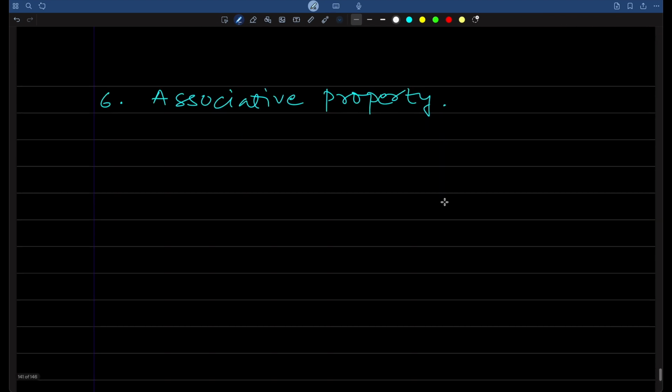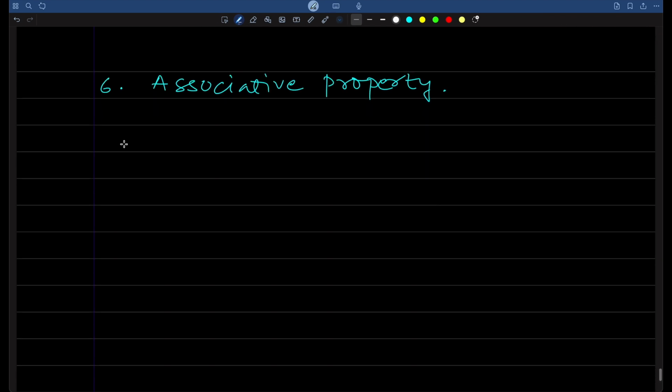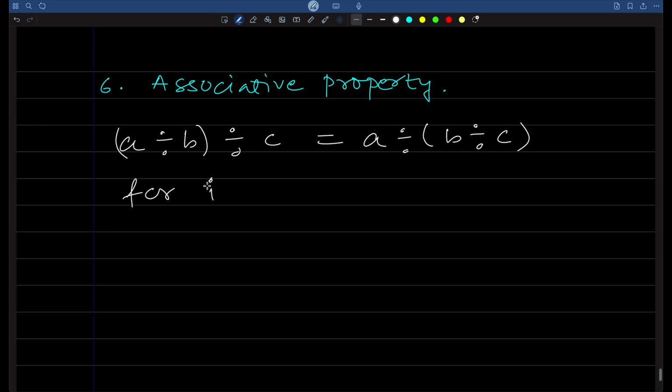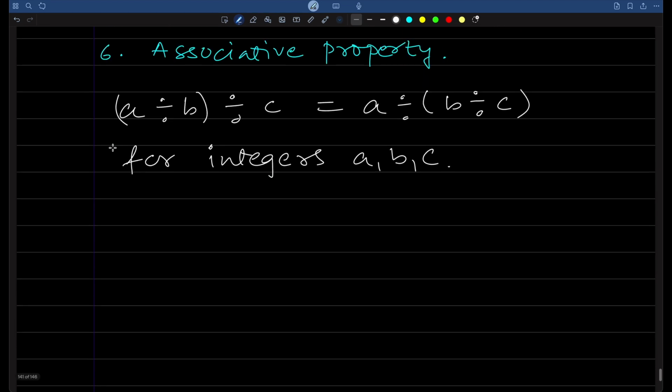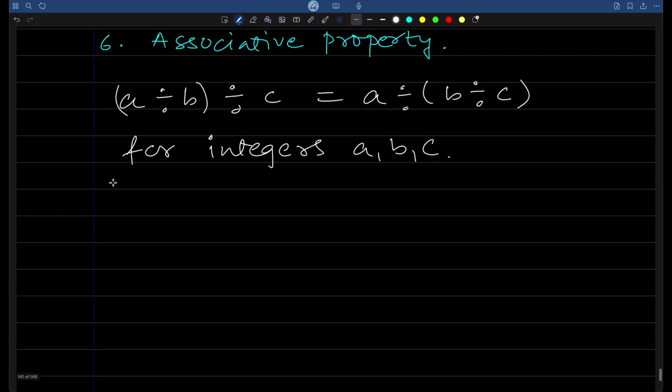Now let us see the next property, associative property, that is (a divided by b) divided by c, and a divided by (b divided by c), for integers a, b, c. Let us check whether the property holds for division or not.